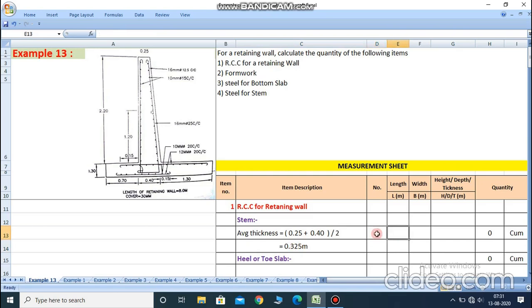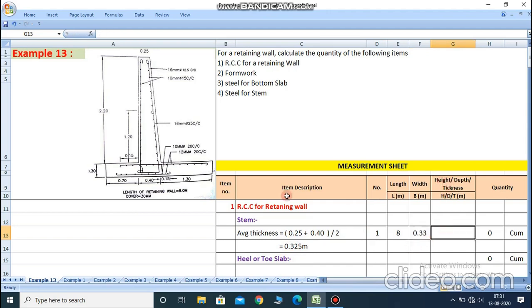Then the length of the wall is already given in the figure. The length of the retaining wall is 8 meter. Here length is 8 meter, and the width of the wall is the average thickness we calculated, 0.325.